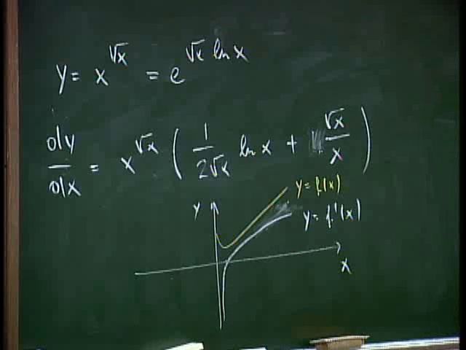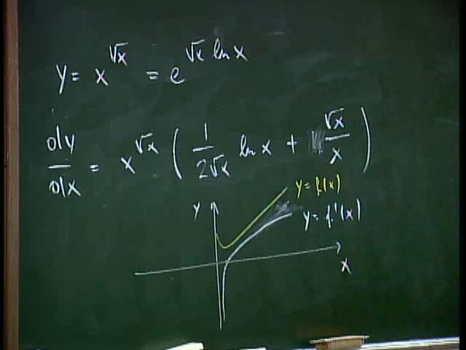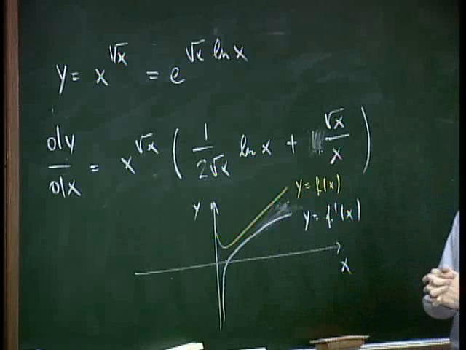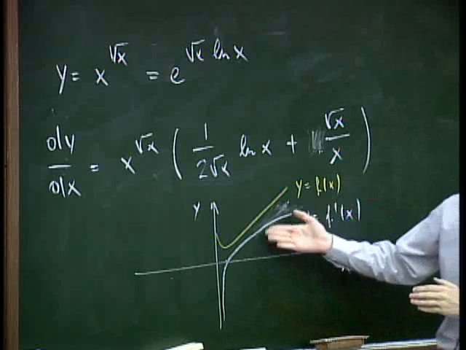Actually, such relationships between the original function and the derivative we will discuss starting from next week here in chapter 4. And of course it's quite easy to predict that if the derivative is positive, then the original function will be increasing and so on. So all those properties are easy to predict by looking at graphs.